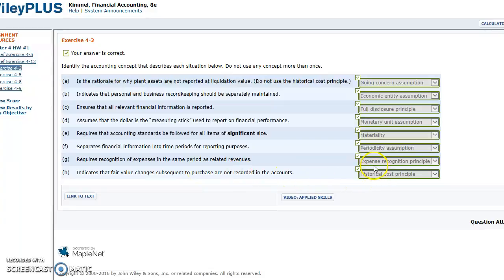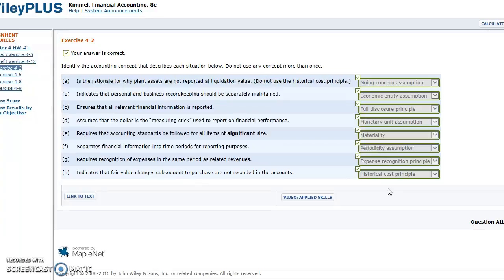For this one I choose the expense recognition principle. And finally the last one indicates that fair value changes subsequent to purchase are not recorded in the accounts. For this one I need the historical cost principle.